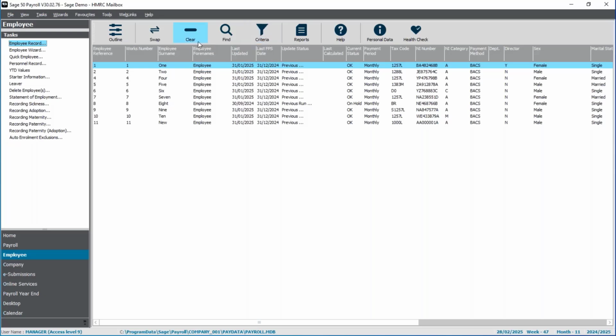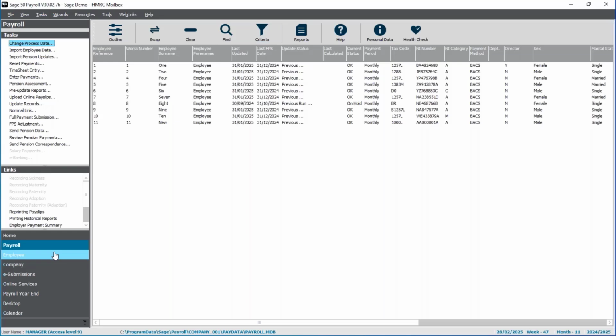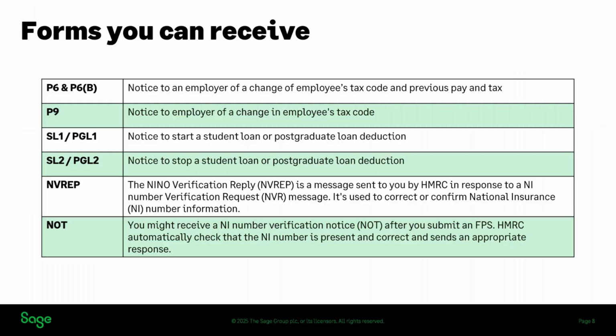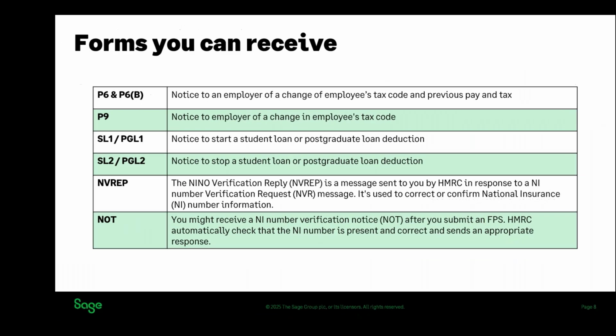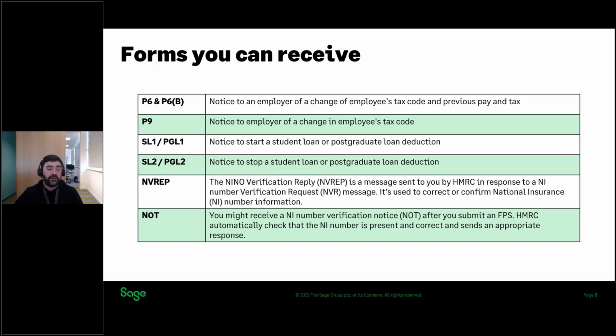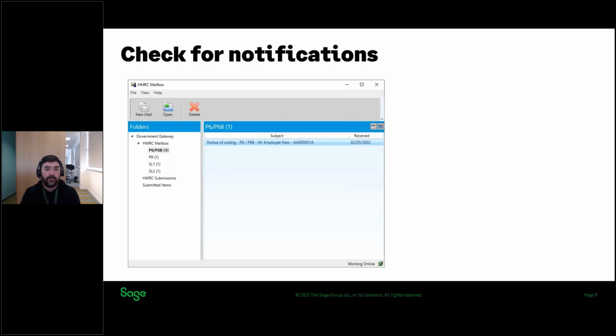So there we have it, the IR Secure Mailbox. We've seen a few different notice types just there. We'll just return to the slides and do a quick recap on what we've just seen. So those were the forms that you can receive in the mailbox. You can open it from the process map or from your e-submissions tasks.